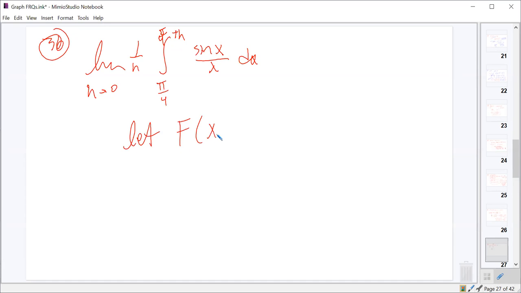Let's let capital F prime of x be equal to sine of x over x.